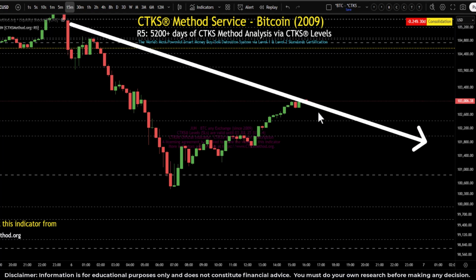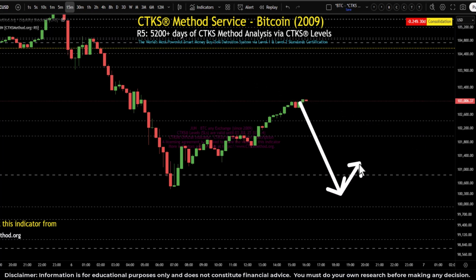So that particular wave, we could consider that's going to continue on. That's a very conservative opinion, and it's a good one. When we think about the 98,700 mark, that's a good area for structural support. If there's a lot of negativity inside the market, you will require more and more CTKS levels to capture and rebound price.